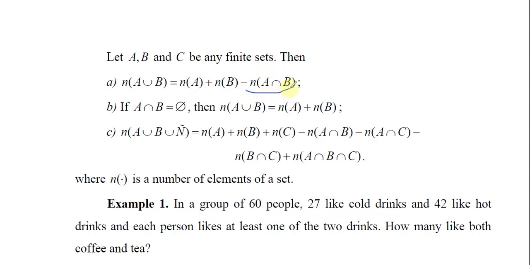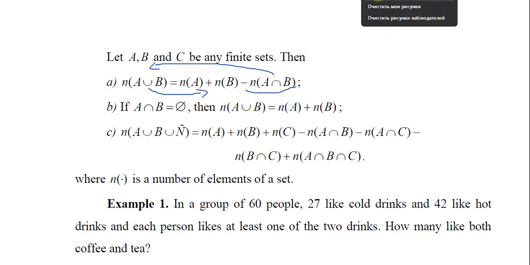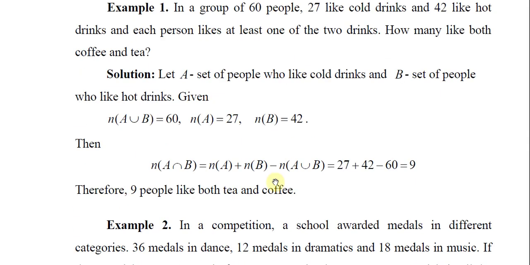Move this one to the left side and this one to the right side. Okay, so we have n(A union B) is 60, n(A) is 27, n(B) is 42. The sum of these is 69, minus 60, it is 9. So 9 people like both tea and coffee.